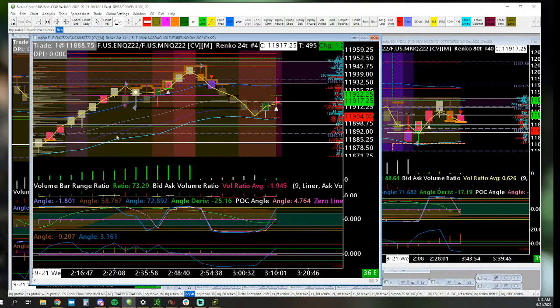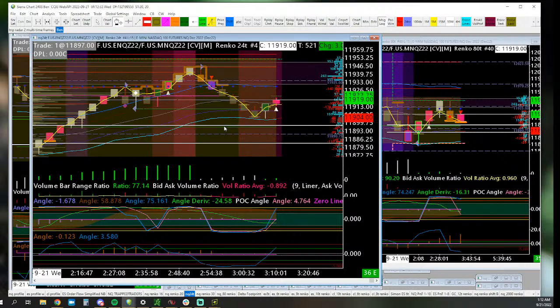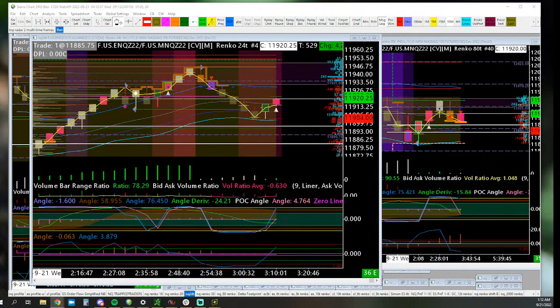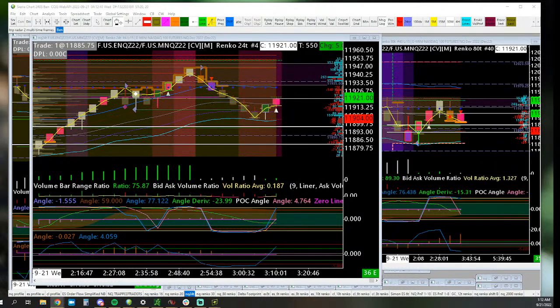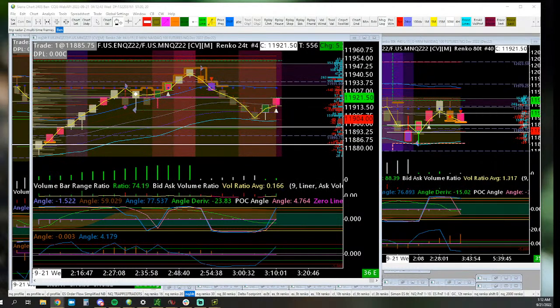So basically the market is no longer dropping, it's no longer increasing in its momentum. The momentum is paused, right? At least, if not reversed or just stopped. At least it's gone for the moment.